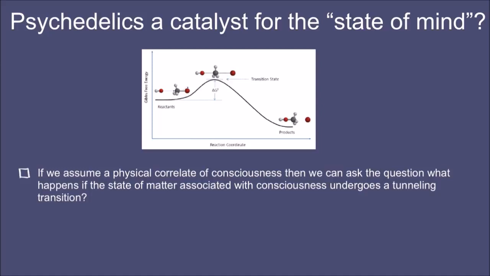So we think of psychedelics as nothing more than a way to catalyze a reaction. Then we can ask what would happen if you're in a state of mind, a catalyst comes in, and you go, let's say, through a tunneling transition. That's an interesting thing to think through.